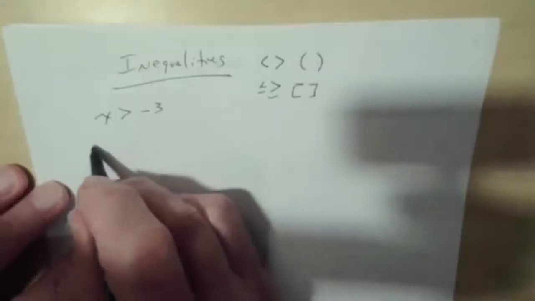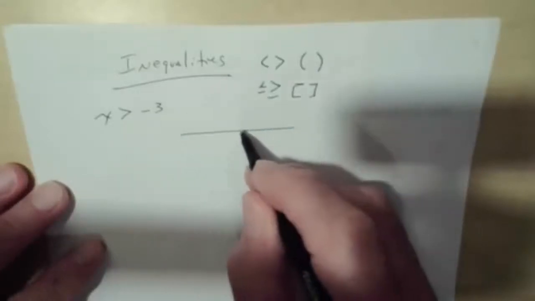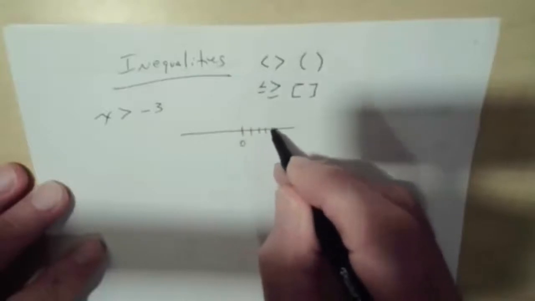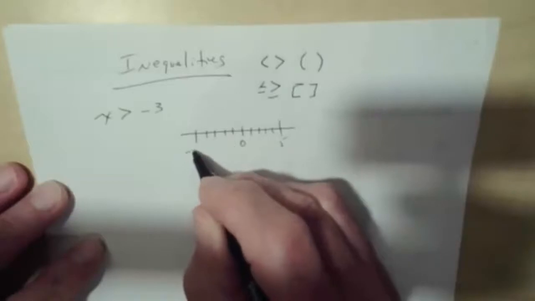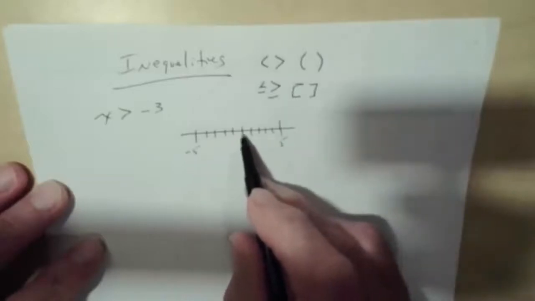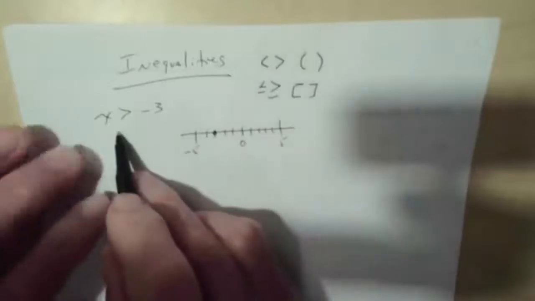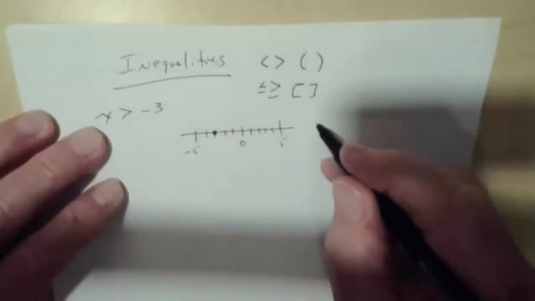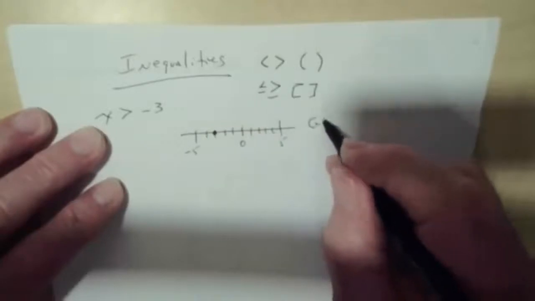Okay, so x is greater than -3. If we were to graph it, it would be 1, 2, 3, 4, 5, and 1, 2, 3, 4, -5. -3 is 1, 2, 3 right here. Now we're talking about x is greater than. The numbers get bigger this way. This is greater than, this is less than.